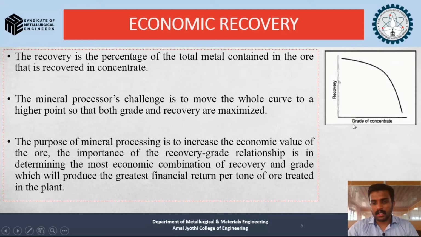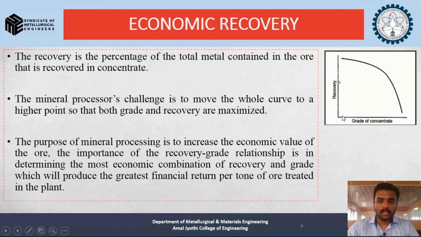From this graph we can take an example for the explanation. Imagine you have a gold ore, and the rate of recovery will be very low, for example, whereas for the high grade of gold the curve will be present here. So if you want to get a high grade of gold ore, the recovery rate will be extremely low.